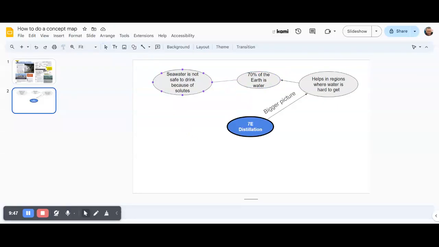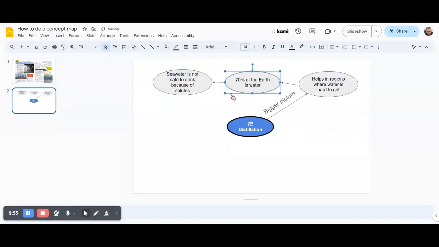Let's do a line from here to here. Then we can expand this one: 70% of the Earth is water, mainly seawater. And when we look at this one, it's linked: seawater is not safe to drink because of solutes.